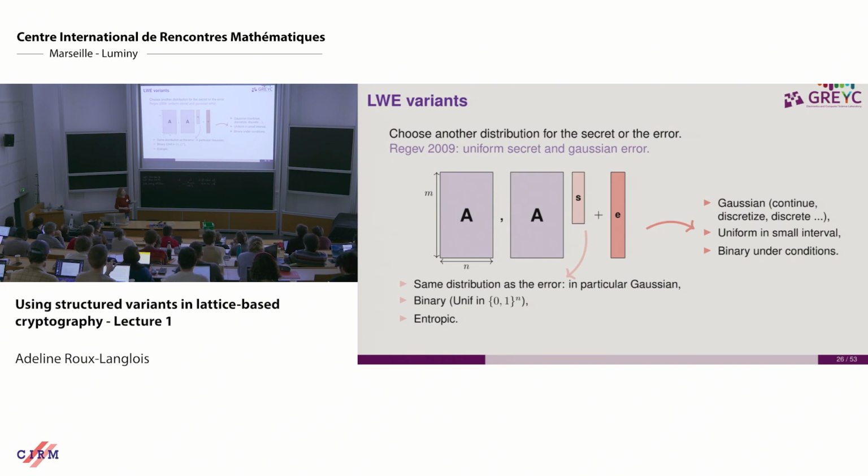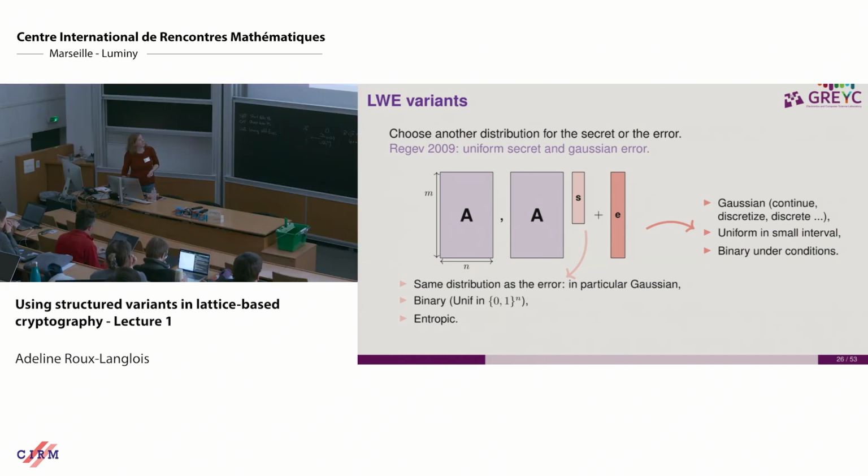So if you have too many samples, you will be able to solve the problem. So the condition for binary errors is quite small m compared to n. You cannot give an arbitrary number of equations if you have a binary error. So it's a shame because it would have been very efficient in practice, but we don't use this one in practice.